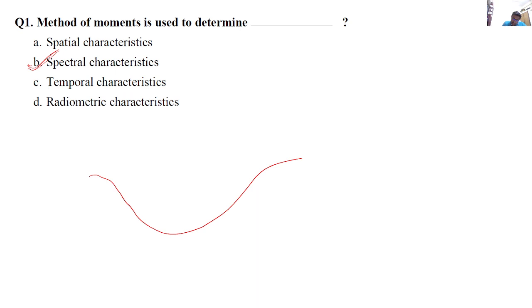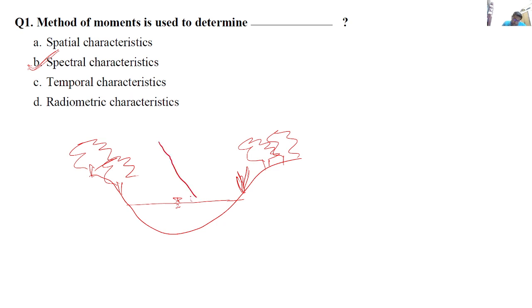Okay, so let's see. Let us suppose this is any terrain. Let this be a water body. Let there be grass or any kind of vegetated surface on the floodplains. Let us suppose radiation energy strikes the surface.